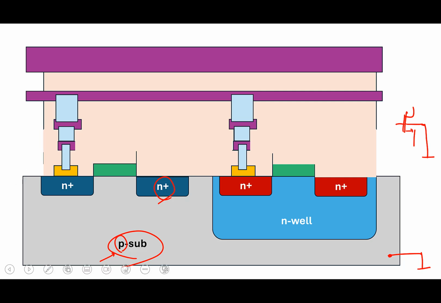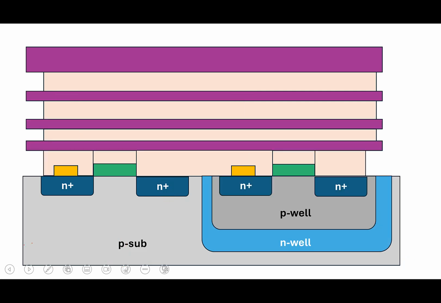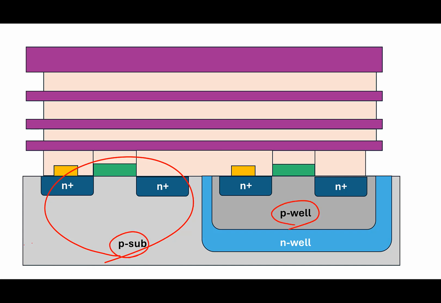But there are specialized processes where you can exercise control on where you connect your bulk. For that, what is done is this. This is your normal NMOS transistor. The idea is you want to isolate this P substrate, the P-type thing. So you make another P well, but you make sure that first you have an N well and then make another P well.